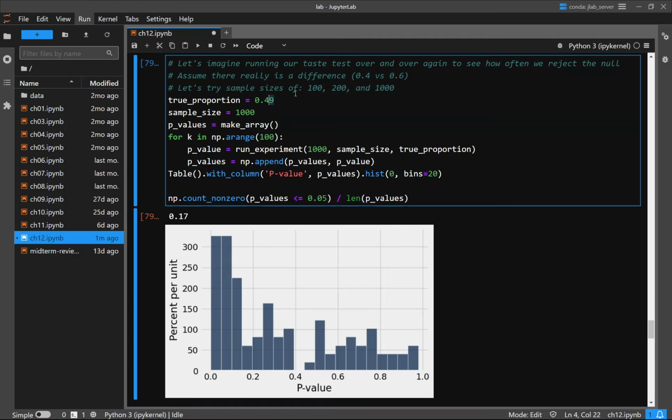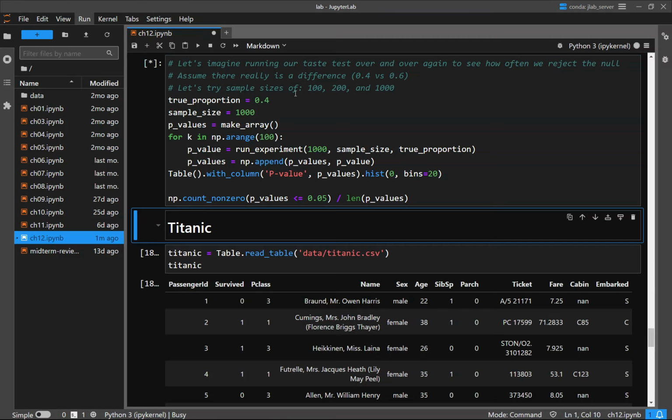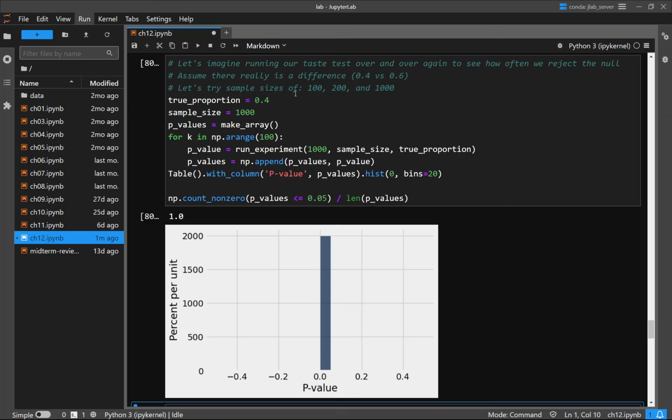So if there is a large difference in the number of people who liked something versus didn't like something in your data set, then the sample size can be decently small and you'll easily find that out. But if what was really true was really close to your null hypothesis but still slightly different than it, it will be very, very hard to get a sample size large enough to notice that.